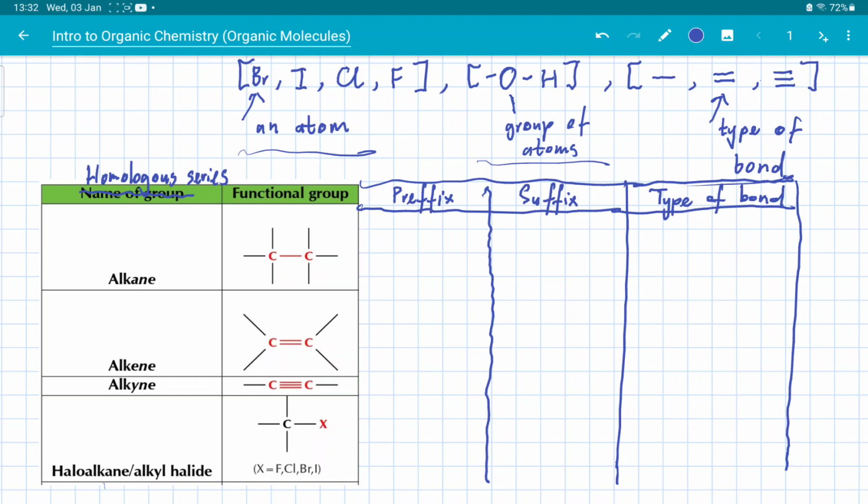Alkanes always have a single bond between the carbon atoms. So that is their functional group. I should have written here the name of the functional group. I don't have time to erase. The name of the functional group is going to be a single bond.